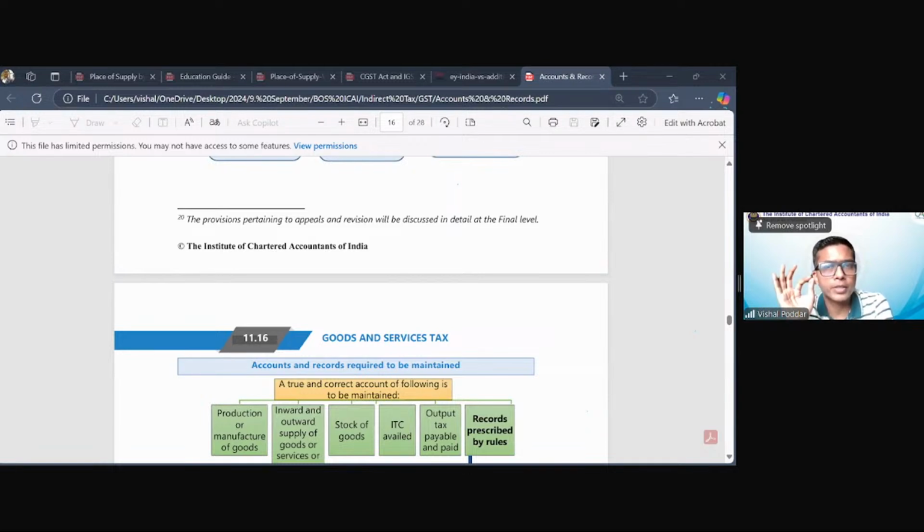Now, I always explain ITC provisions in this manner. Section 16 is mother, 17 is father, and 18 is your siblings, that is, brothers and sisters. 16 is mother because, like a mother, she says, okay beta, I'm giving you this benefit. But as in today's scenario, it is very important that you put some conditions, some restrictions.